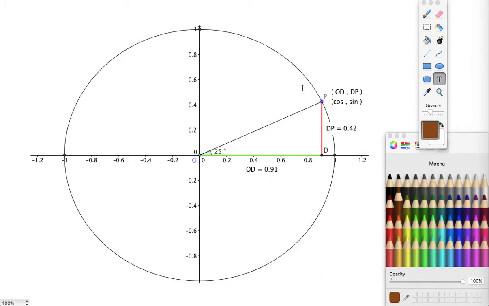Okay, let's look at an example here. So this point P, right here, is associated with an angle here of 25 degrees.